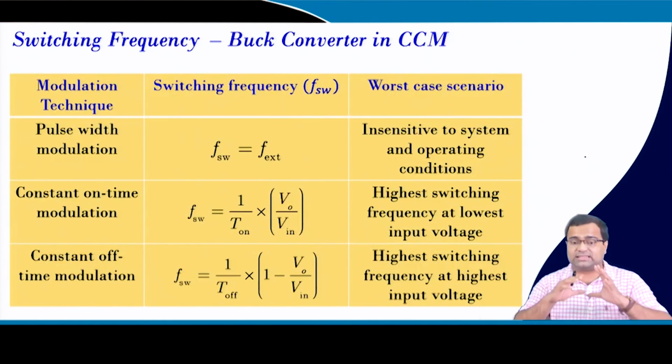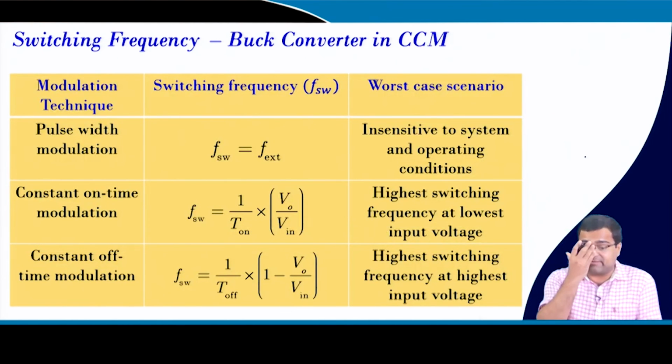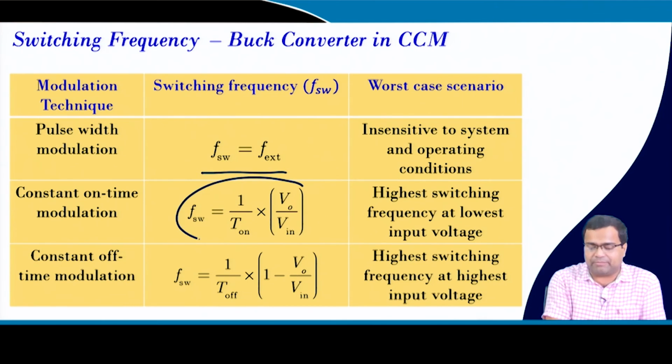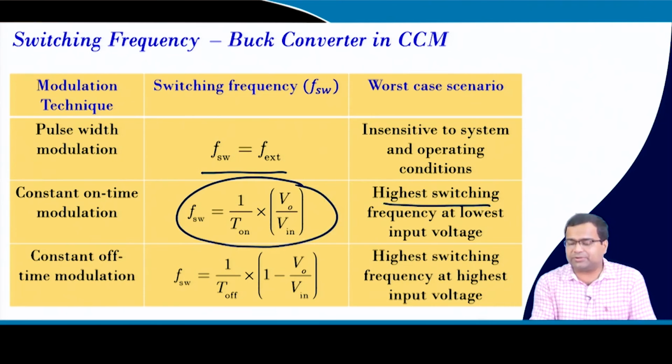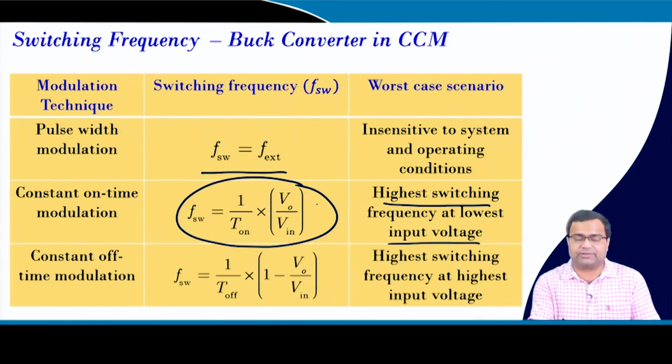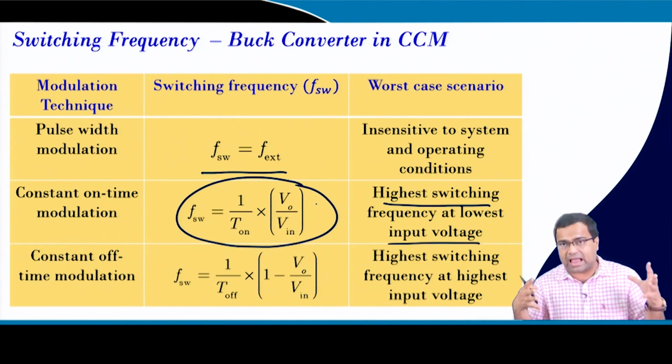Switching frequency, that is one of the major drawbacks in variable frequency control. Under fixed frequency it is constant, but in constant on time, the highest switching frequency will happen at the lowest input voltage. That means for low duty ratio operation, the switching frequency will be low, so you need to adjust.